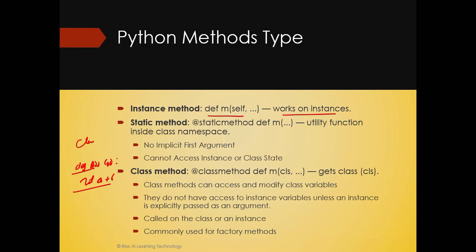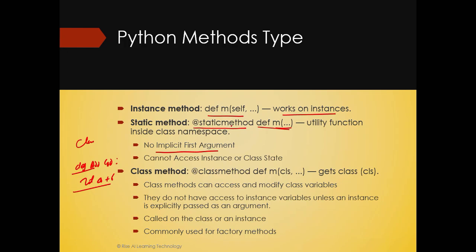Static methods are basically utility functions which can be called directly with the class name. Since we don't need any instance object of the class, they will not have any first argument. You are not going to pass the self object here. This is the syntax, and in front of that you need to use the @staticmethod decorator.